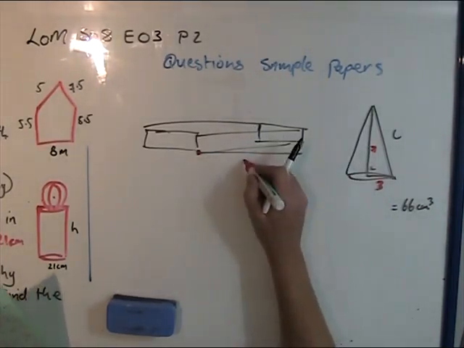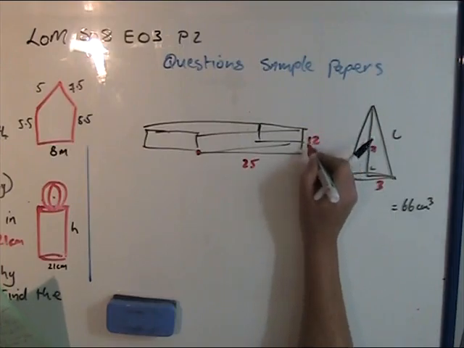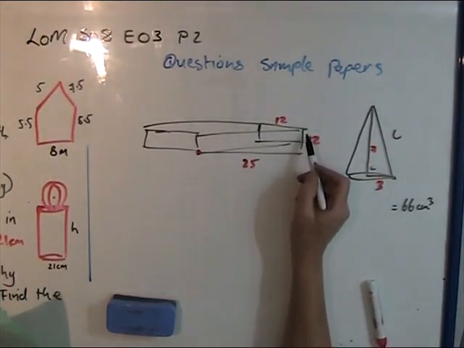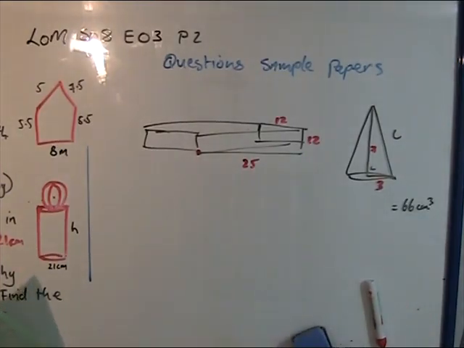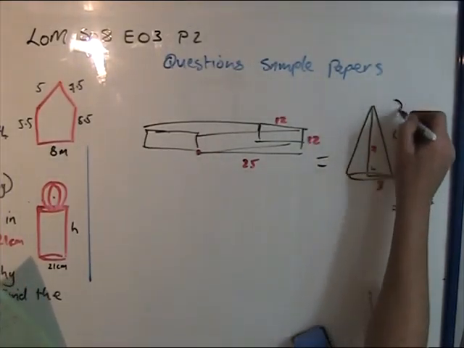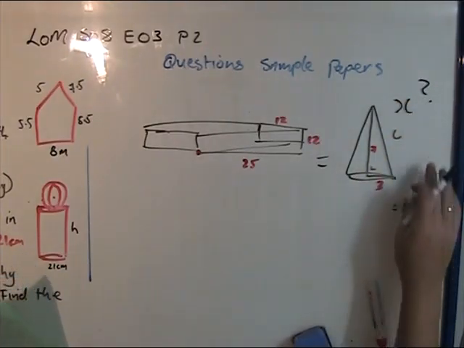So the width and the height are the same. It says it is melted down and used to make a number of these candles. So this is melted down and made into X amount, which we don't know, X amount of candles.